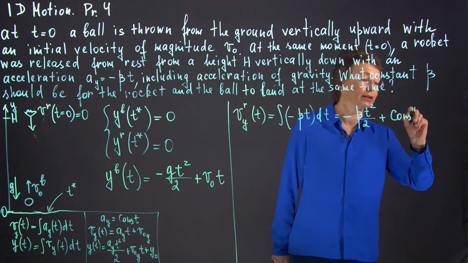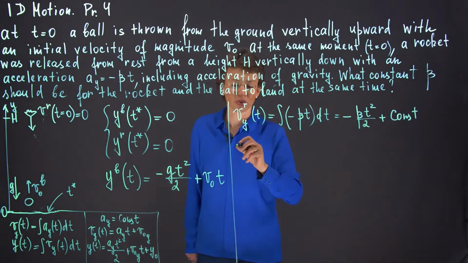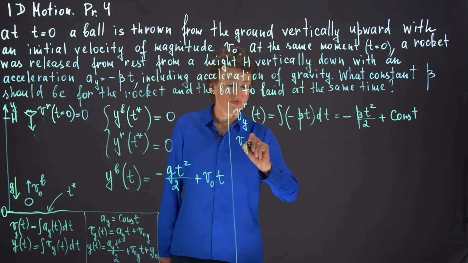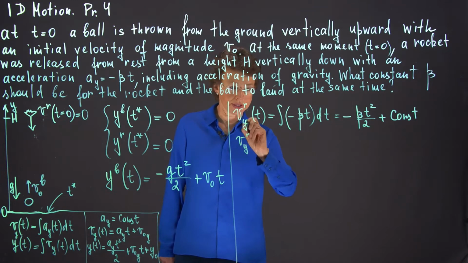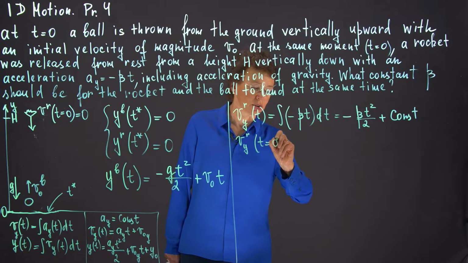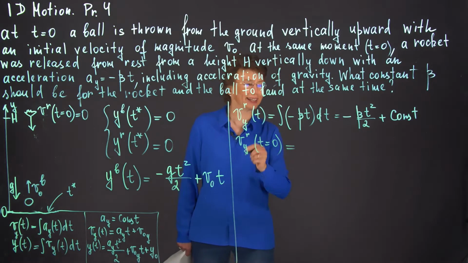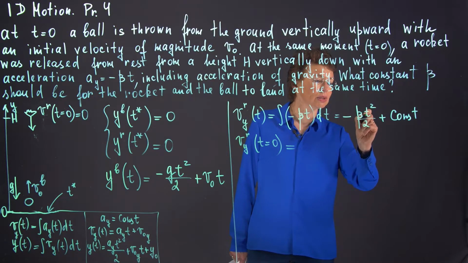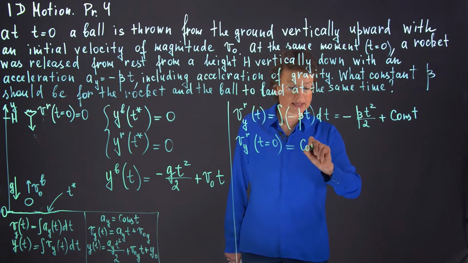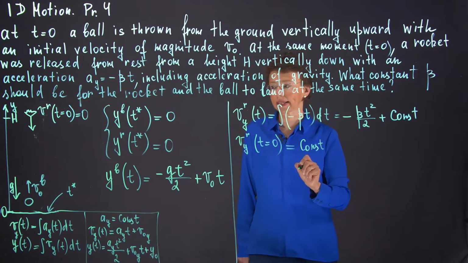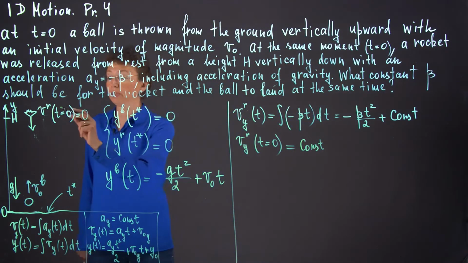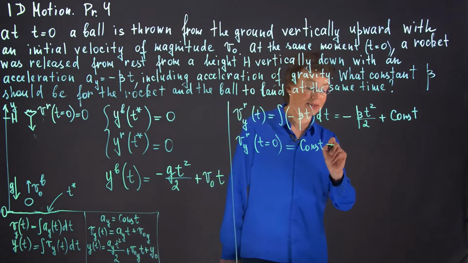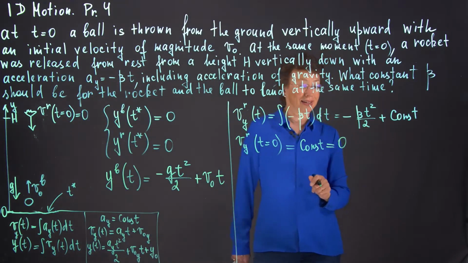Now let's find this constant from the initial conditions. What was the velocity for the rocket at time moment 0? That's what they give us. At time moment 0, this term is 0, t is 0, plus the constant is still here. And at the same time, we know that the velocity of the rocket at time moment 0 is 0. So the constant is 0.